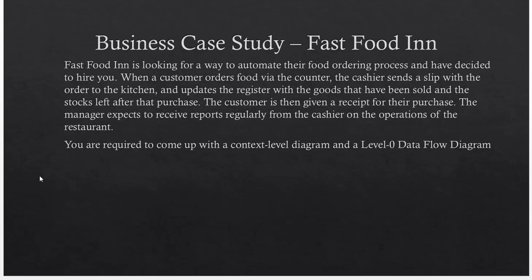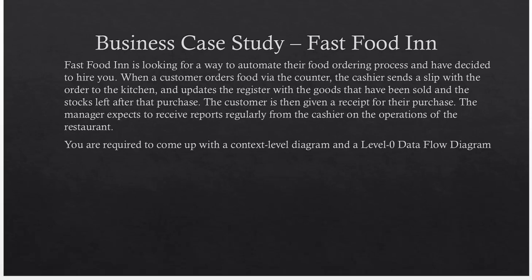So issues to do with updating the register with the goods that have been sold and the stock left after that purchase. Updating the goods sold file as well as the inventory has nothing to do with any external entities. That's an internal system process, so it's done within the system. So now we need to show that within a level 0 diagram.